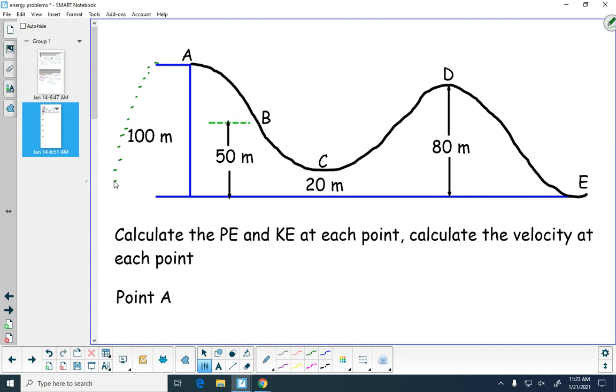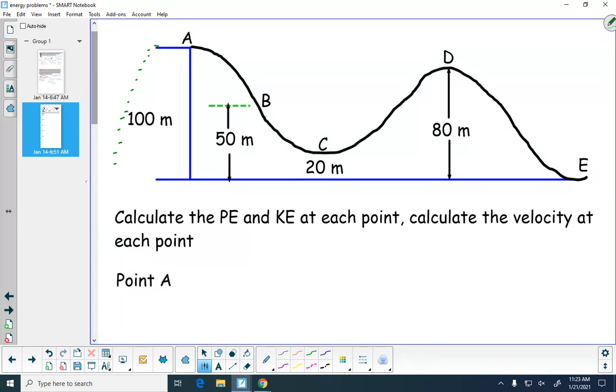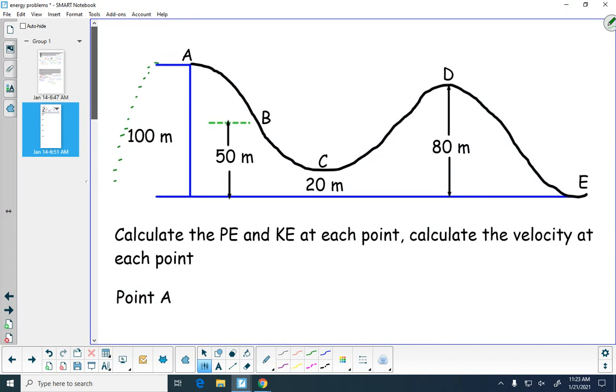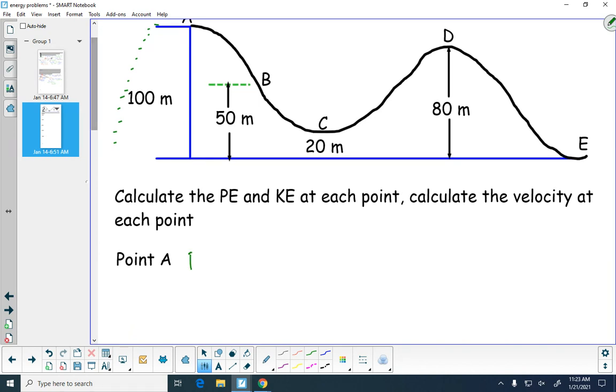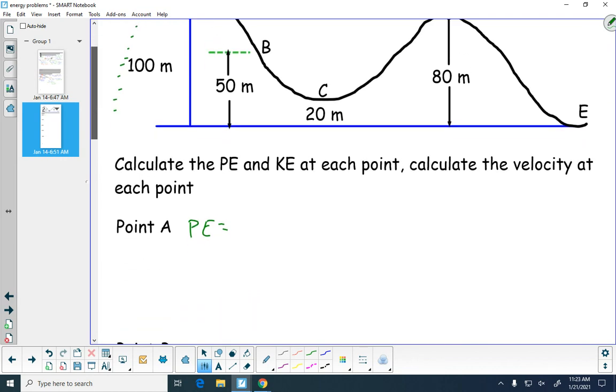At point A, initially, how do we calculate our potential energy? Lucas, how do we find that potential energy? Okay, mass times gravity times not displacement, just its height.